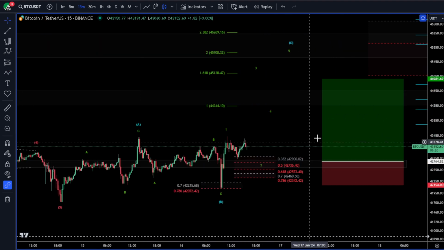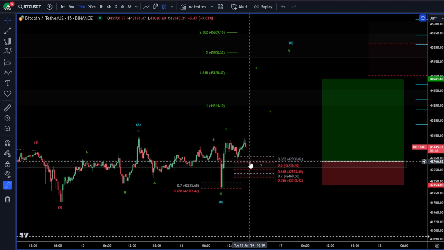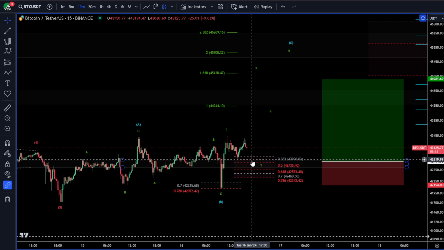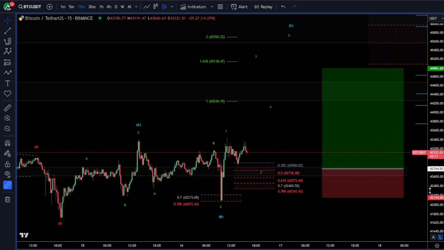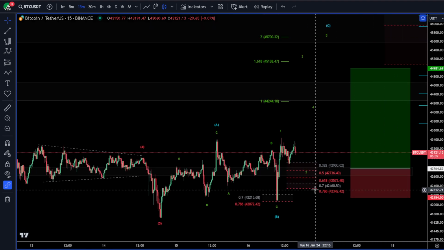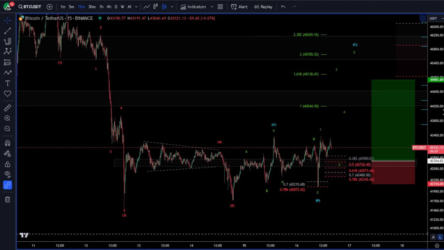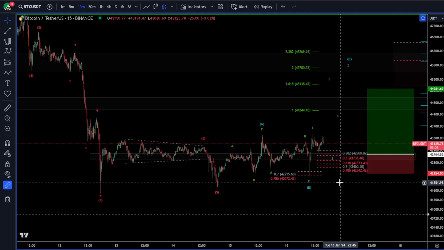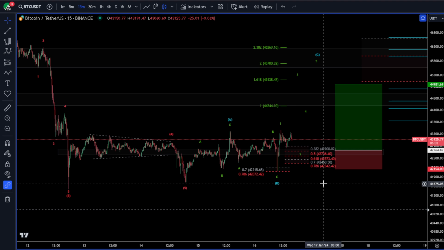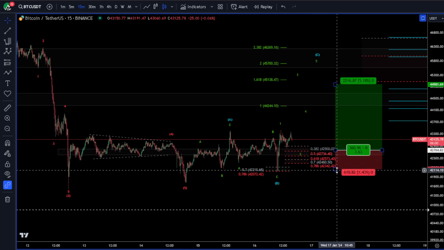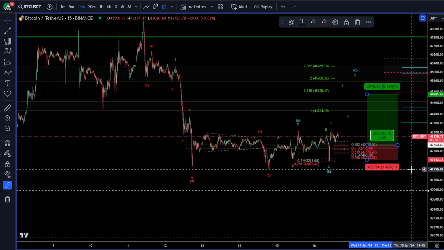So I'm going to put in a few buy orders just above the 50, probably around 42,800-ish. I'll do that in a moment. We got a little bit of time. So that's the trade setup I'm looking for. Should be about 3-to-1, and I'll show you targets here.